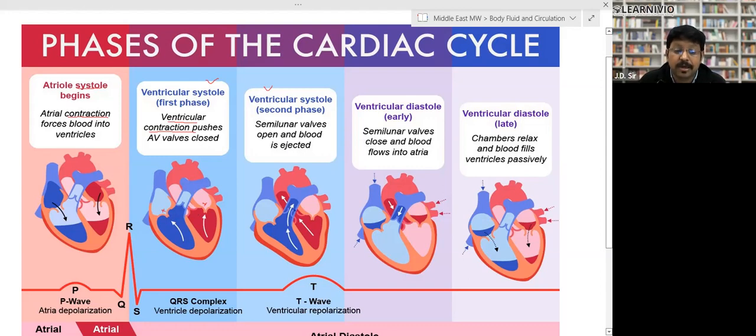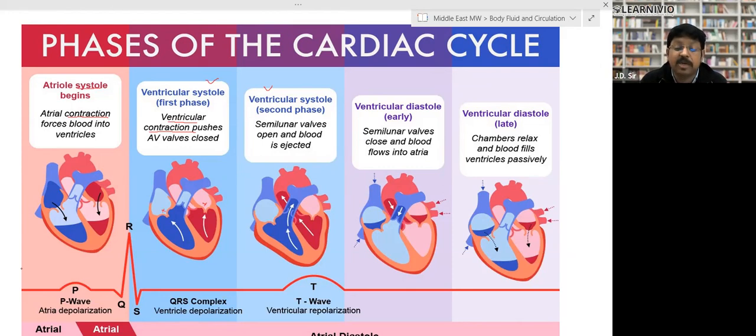Next, the semilunar valve opens and blood goes out of the ventricle. This is called ventricular systole or ventricular contraction. Is it clear? QRS complex is ventricular contraction or ventricular systole. Is it clear? Yes, sir.